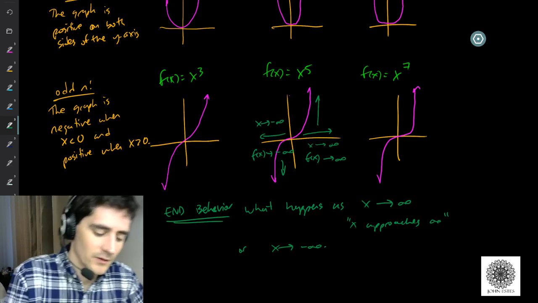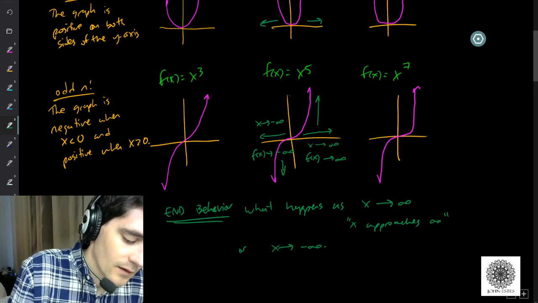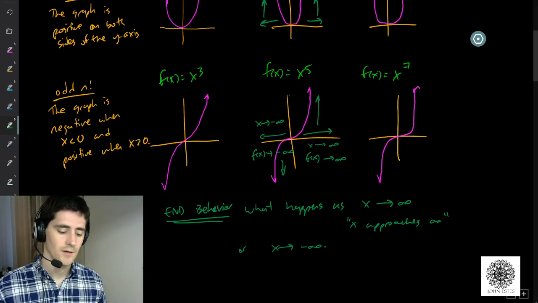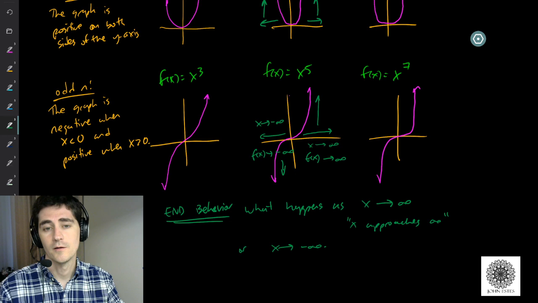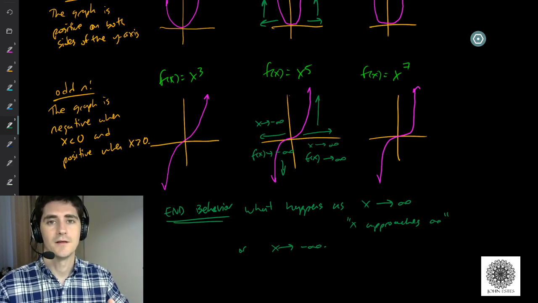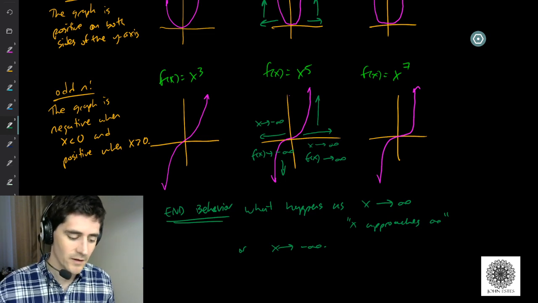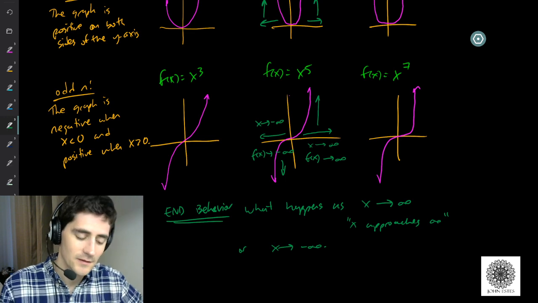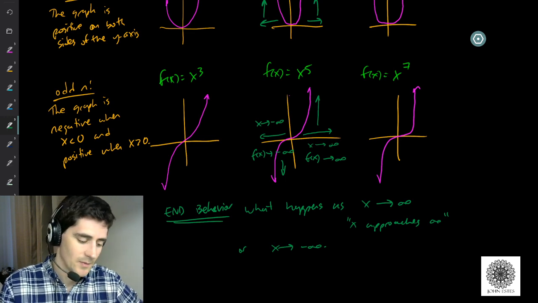Going out in either direction, I'm going to go up. And for the odd powers, as x approaches infinity, I go up to positive infinity. As x goes to negative infinity, I go down to negative infinity. Okay, so that's a more precise way of what we're trying to say here. I hope that makes sense though. This is the basic idea behind power functions.